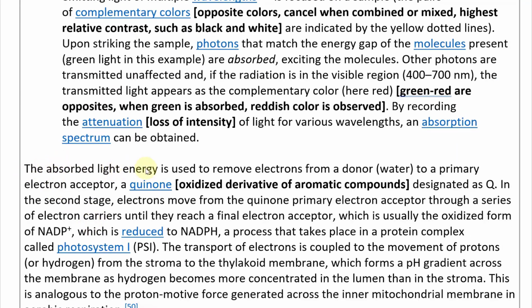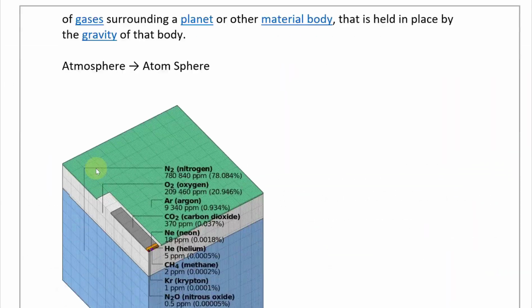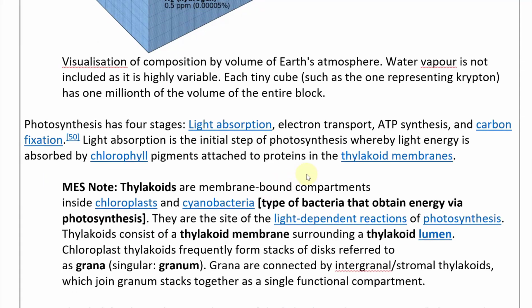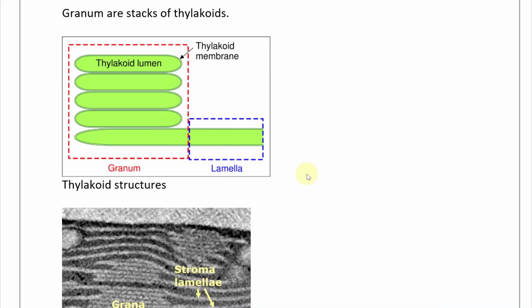So the absorbed light energy, and let me scroll back here again. Remember, the absorbed light energy, or light absorption, is the first stage of photosynthesis, where light energy is absorbed by chlorophyll pigments attached to proteins in the thylakoid membranes. Yeah, thylakoid membranes.